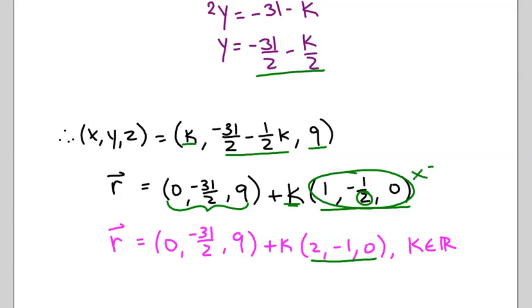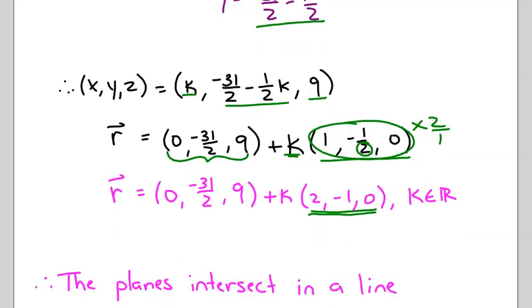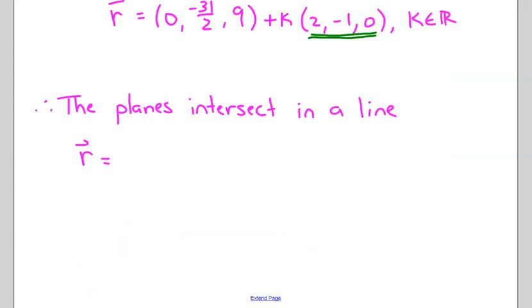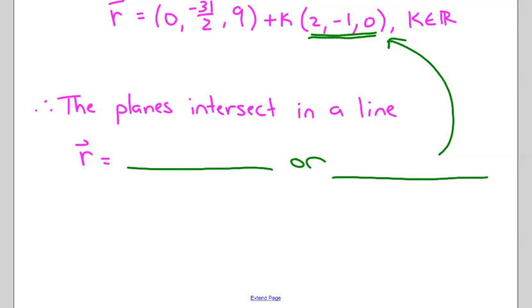And so by multiplying this entire thing by 2 over 1, you'll get the direction vector that I have down here. So really, your final answer can be either of the pink formulas that we had. So I wrote one before, right? Or it can be this one. We can have many different versions of the same line.